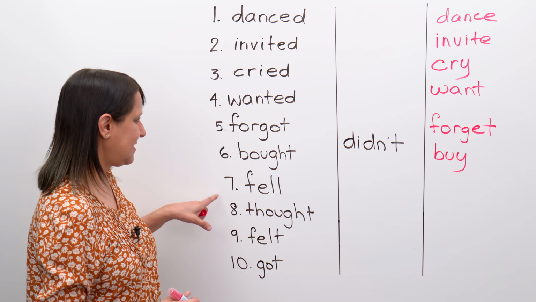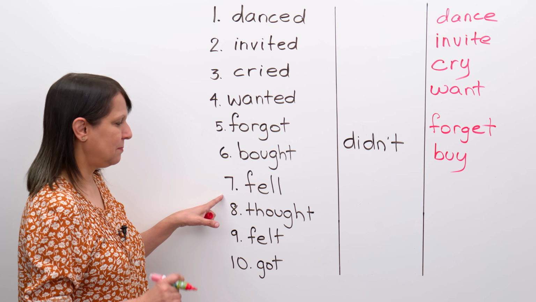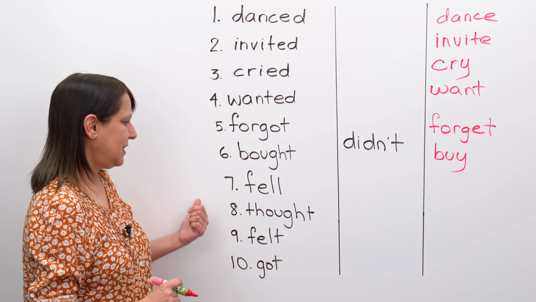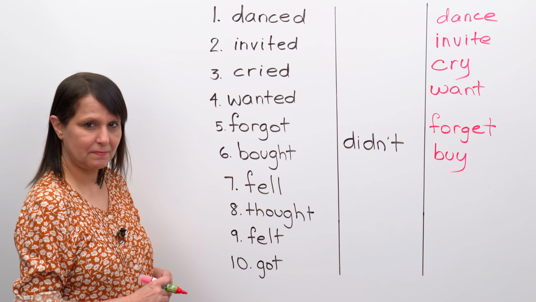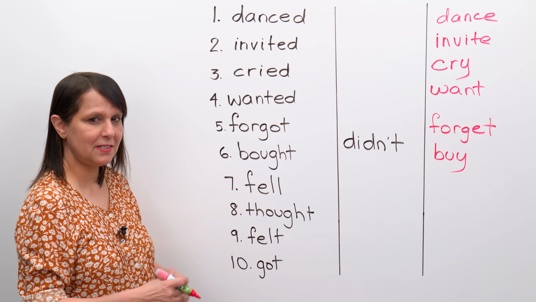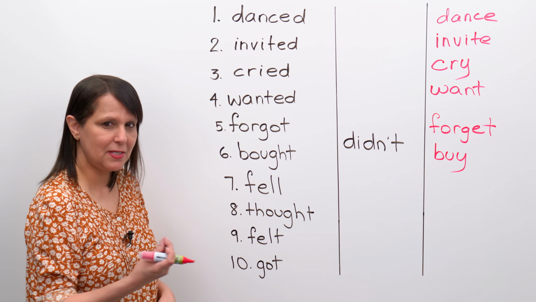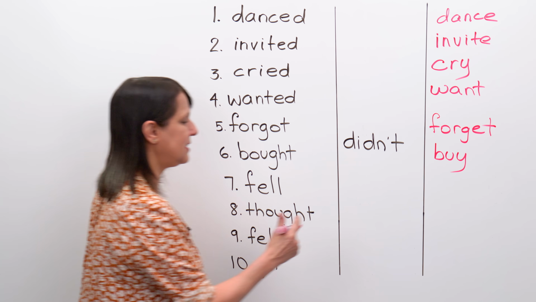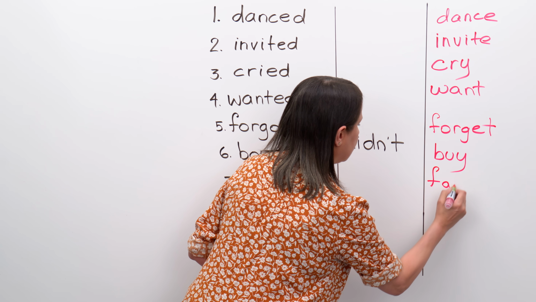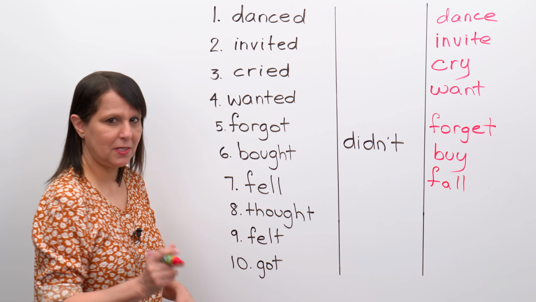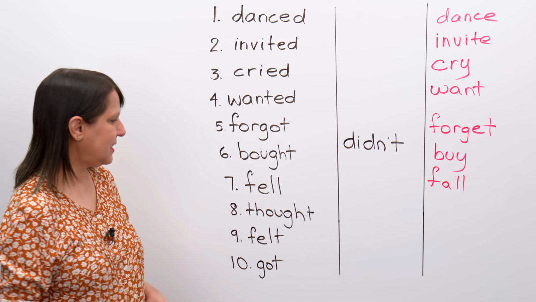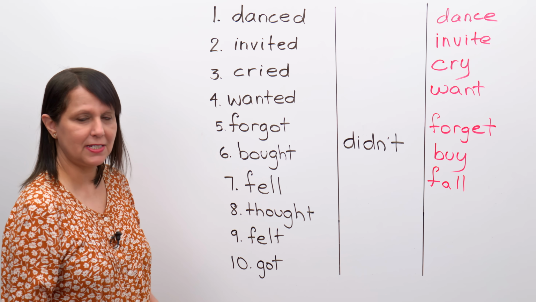All right? Next, number 7. Be careful of this one. He fell. Negative. He didn't. What's the base form of this verb? He didn't fall. Okay? So be careful of that one. I'll show you why in a second. Next, number 8.